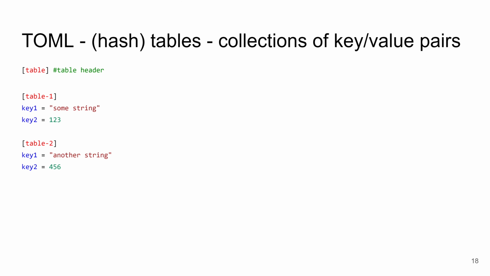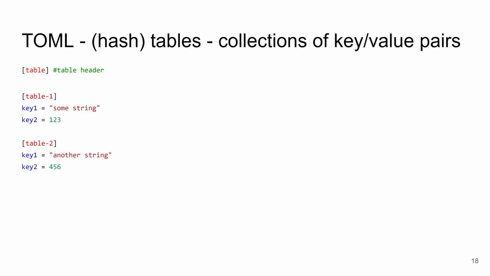And now we are getting to tables. They are called tables as in hash tables, because the TOML file corresponds to a hash table data structure. And here the syntax is similar to the syntax of the INI file sections.